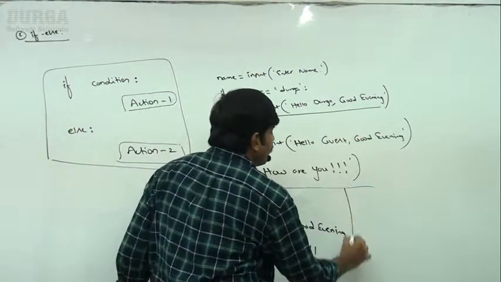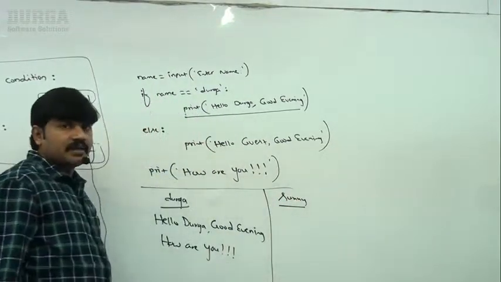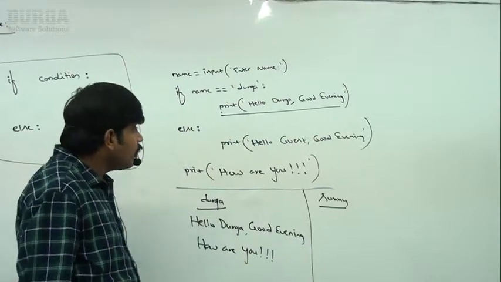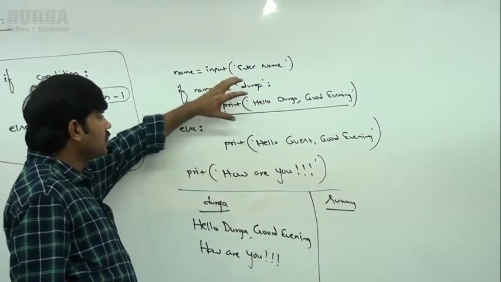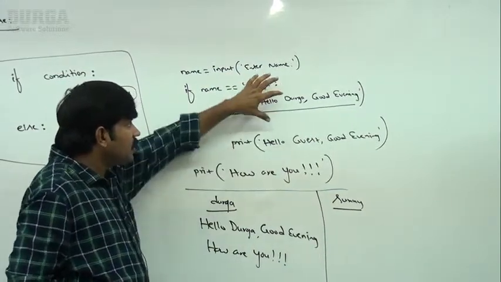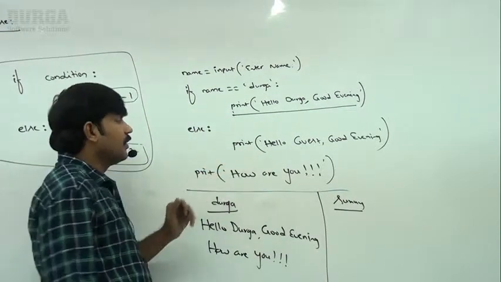Suppose I enter the name as Sunny. Now can you please tell what output we are going to get? Is name equal to Durga? No, not satisfied. If not satisfied, this if block is not going to execute, and the else block will be executed.